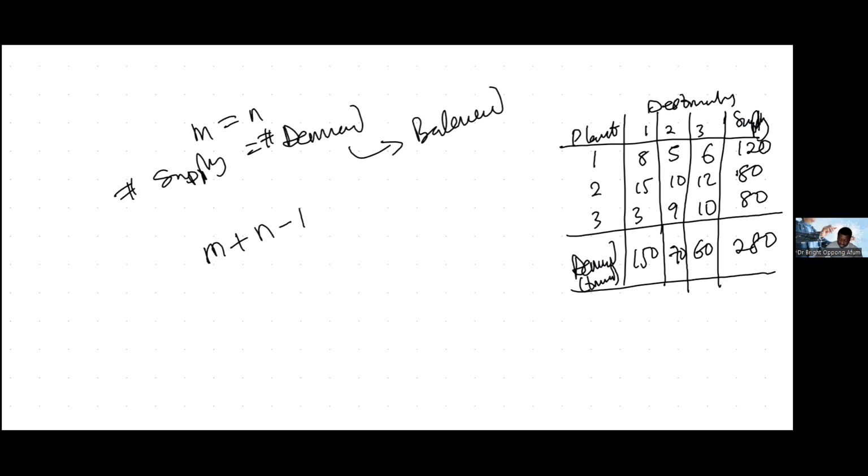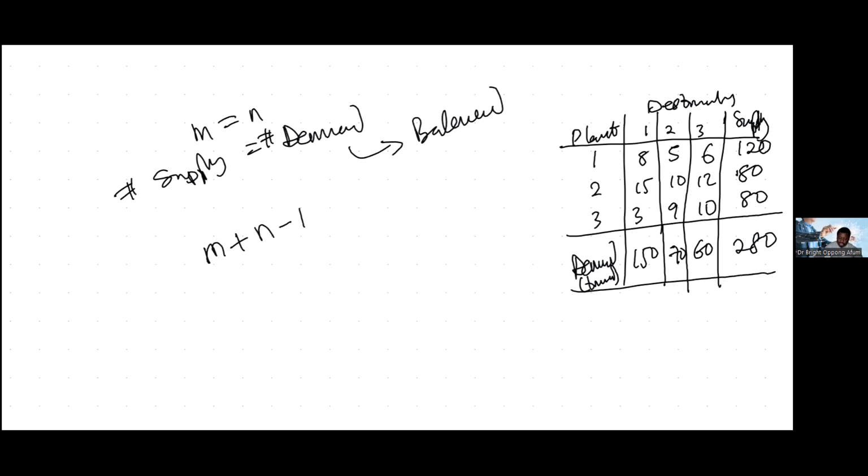We'll have m plus n equations, but the number of variables that must be in the basic solution will be m plus n minus 1. So if we have a problem with m plus n constraints, there will be m plus n minus 1 independent equations, and therefore the initial solution will have m plus n minus 1 basic solutions.